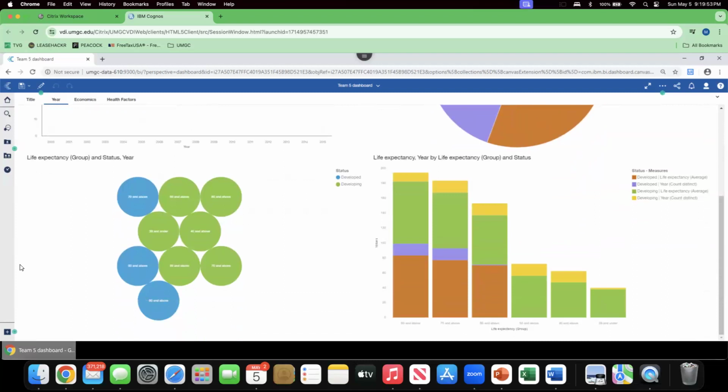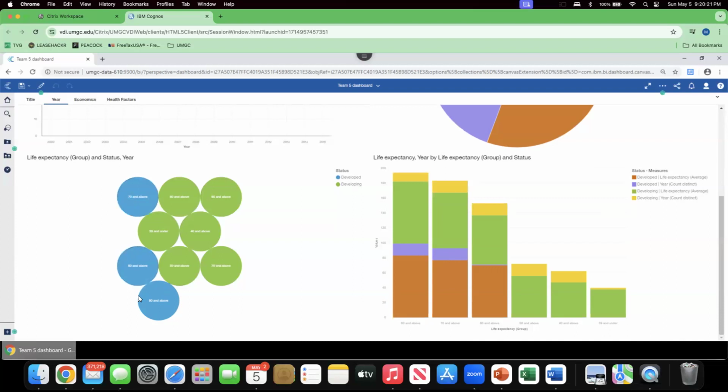Here we have the group, part of our feature, part of the EDA process was to move the life expectancy into groups, and then we can take a look at where they are, and you can see that this chart right here is really telling.